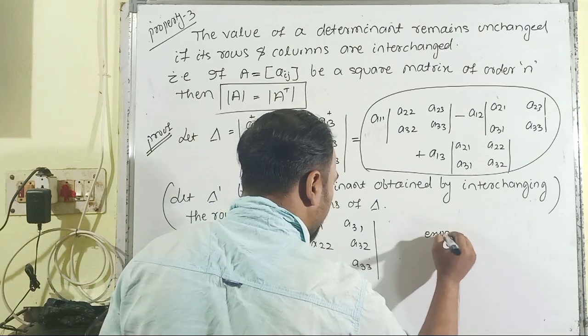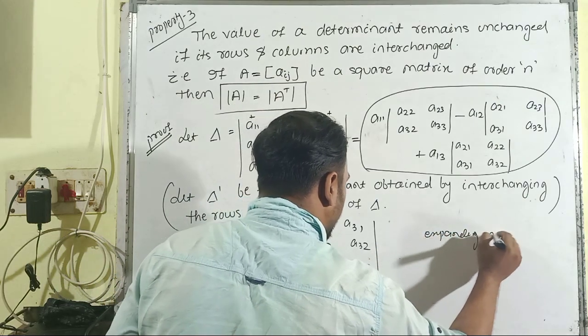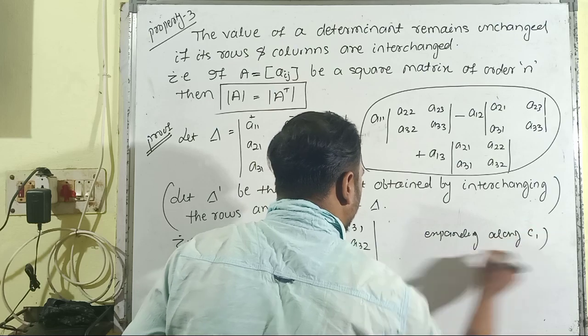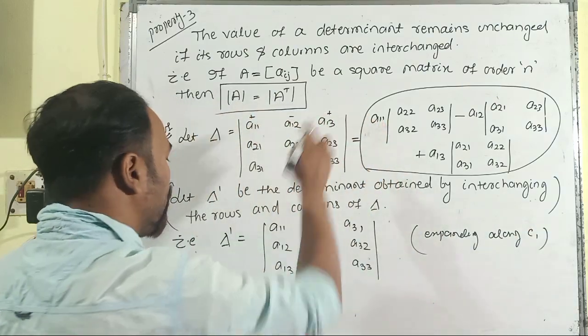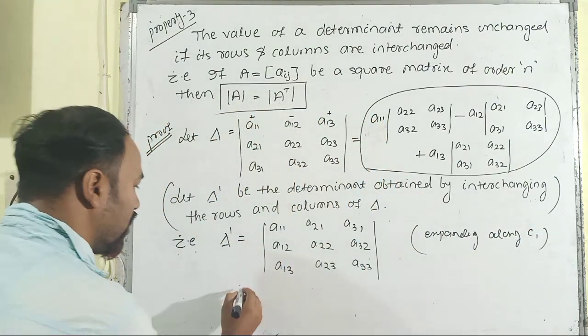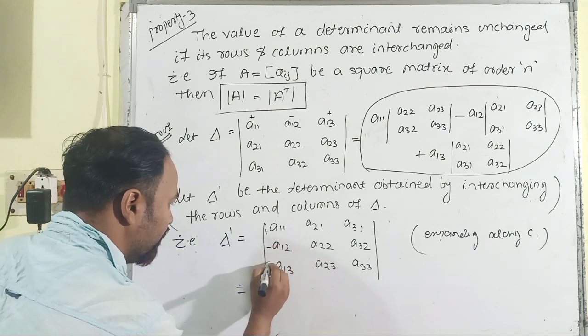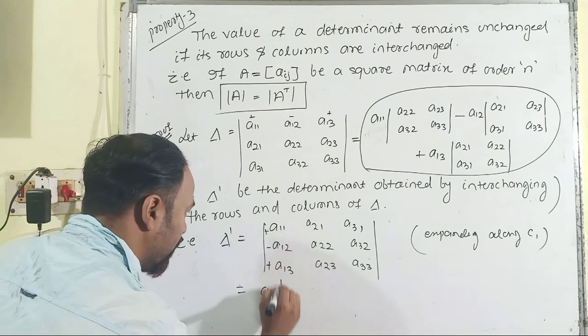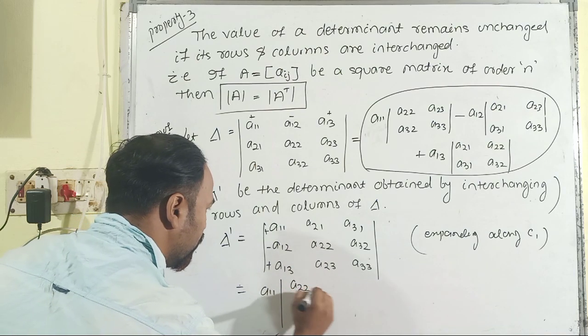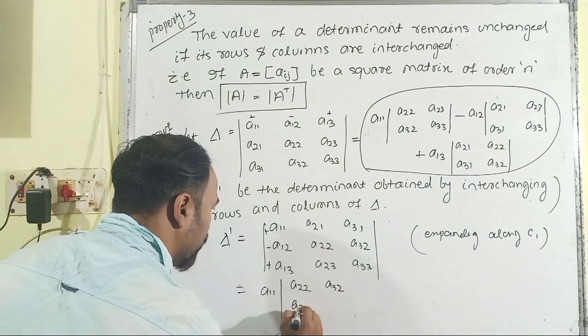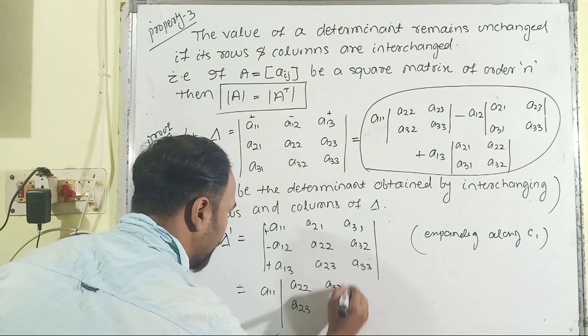Expanding along column 1. Here we have expanded along row 1, and here we have to expand along column 1, and the signs are positive, negative, positive. Then it is a11 multiplied with a22, a32, a23, a33.